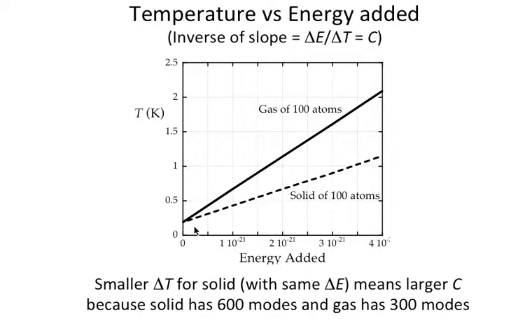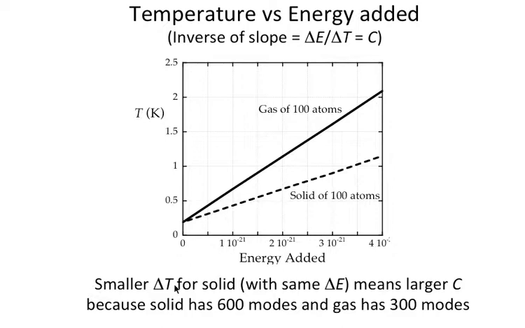When you add energy, this is on the horizontal axis, to the gas, the temperature goes up more than it does for the solid. And in fact, it goes up twice as much because they each have 100 atoms, and the solid has twice as many modes. Same number of kinetic energy modes, 300, but also has the 300 potential energy modes.